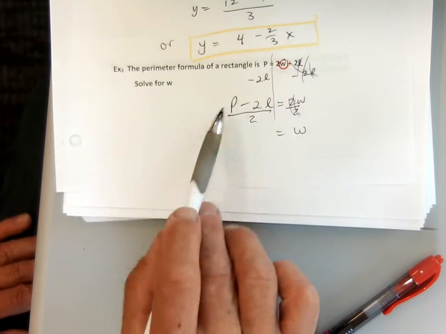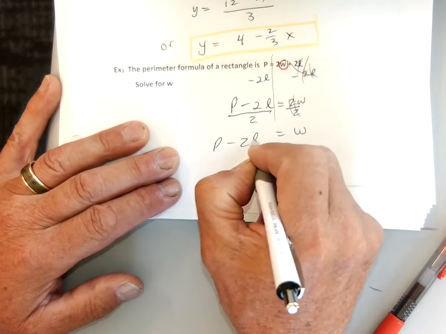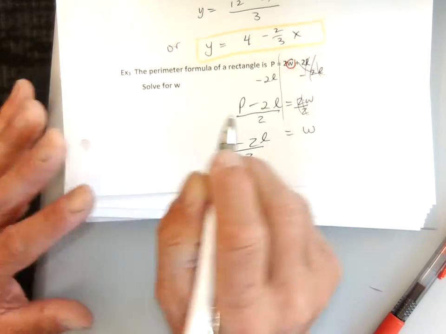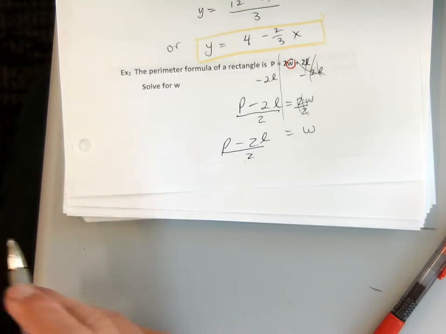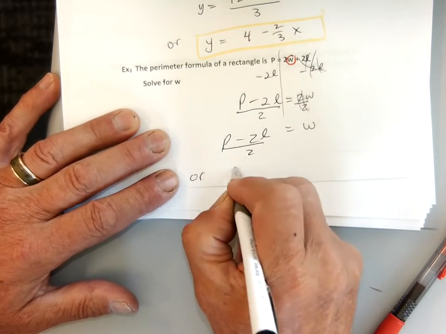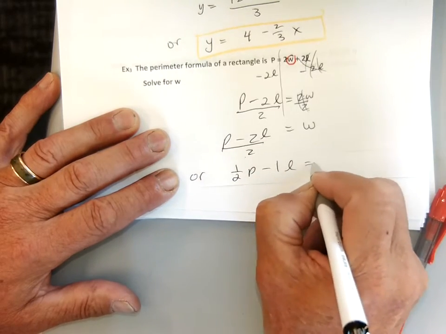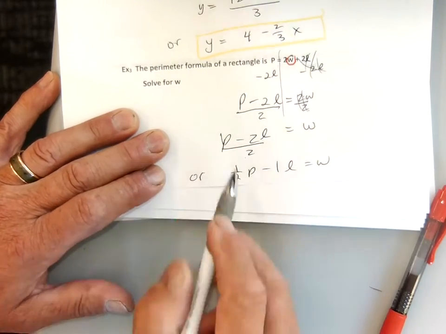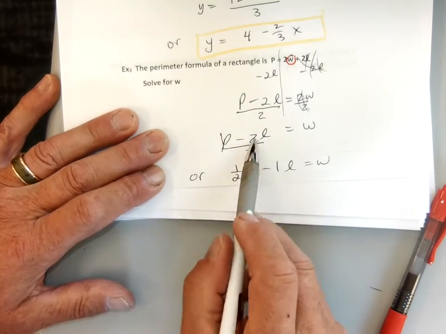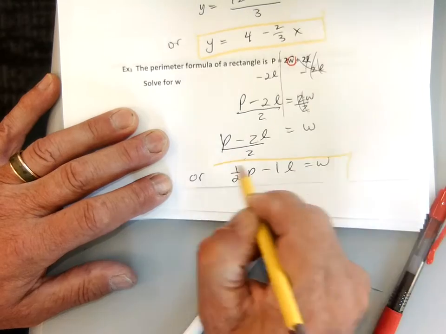Now, this answer is fine. If you want to leave it as P minus 2L divided by 2, that's a great answer. I would take it. Or another answer could be 1/2 P minus 1L. And if you can see a 1/2 here and a 1 here, great. I'll take either answer, okay?